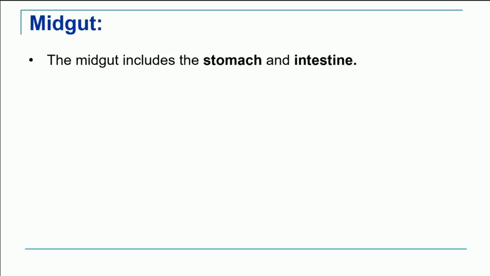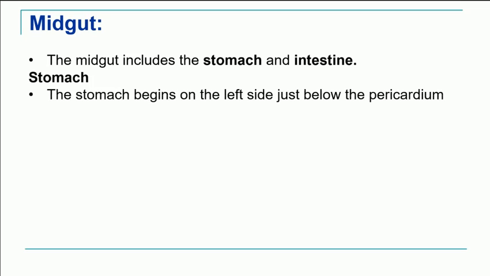Okay, we come to the midgut now. We have seen the parts of the foregut. Now the middle portion of the alimentary canal we call the midgut. It includes the stomach and intestine. Now we see the first part of this midgut, that is the stomach. The stomach begins on the left side below the pericardium, which is the layer around the heart.